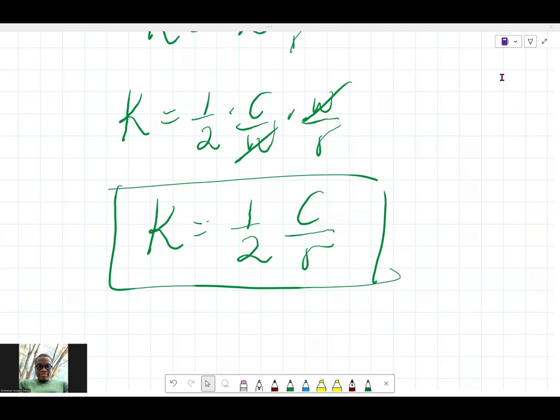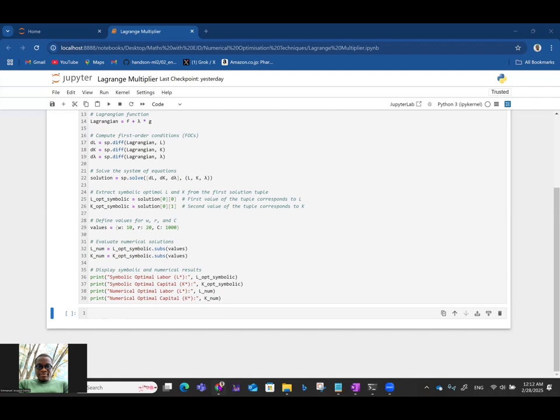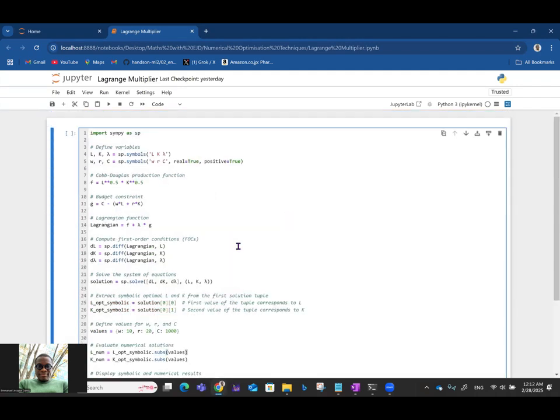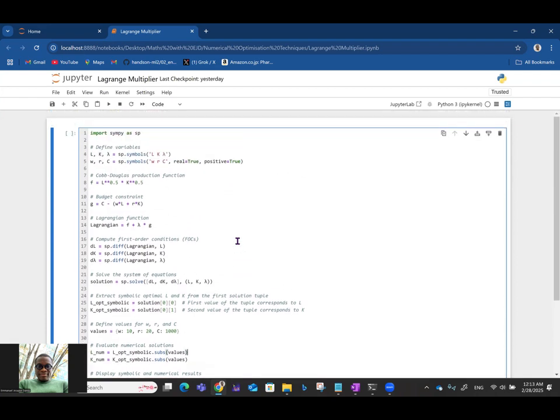Now, if we look at the Python code, we can actually establish the same results from Python. This is not quite such a serious task, but when you have very difficult situations, Python comes really handy. So we have the Python code for this Cobb-Douglas equation using Lagrange multiplier.